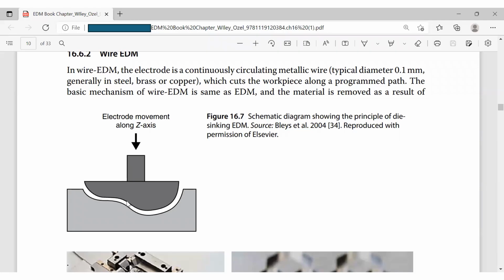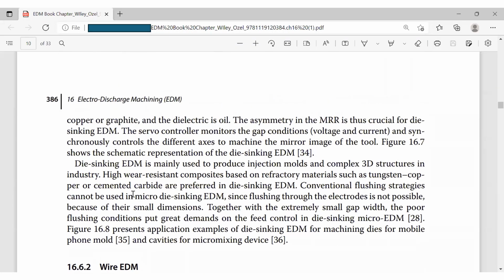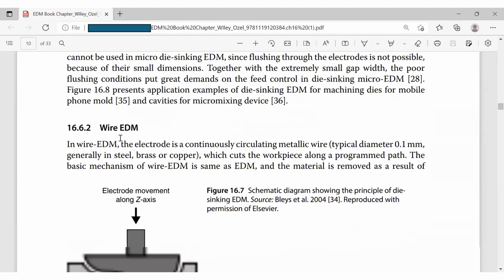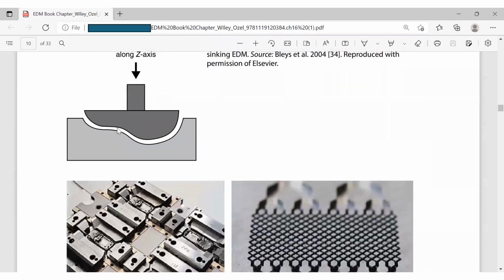And you can see here what we call asymmetry. The asymmetry in MRR is thus crucial for die-sinking EDM. So whenever you see this asymmetry, you can tell that this is a die-sinking EDM. This is one of the characteristics of die-sinking EDM.